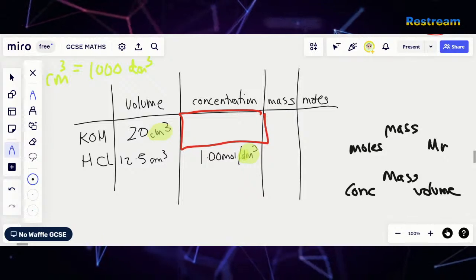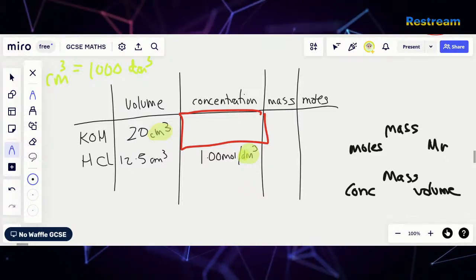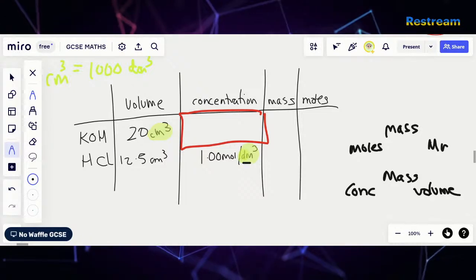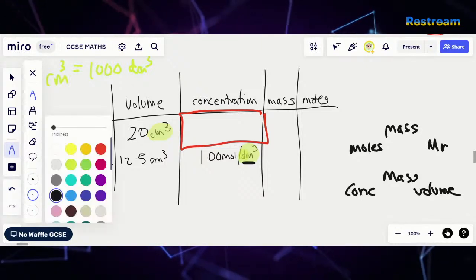Firstly, let's convert both of the volumes into decimeters cubed, because this is what concentration is measured in. It's much easier to do it that way around.